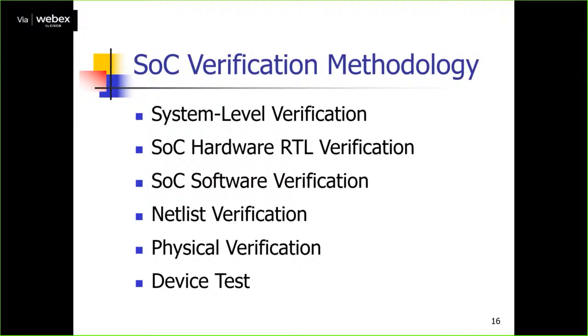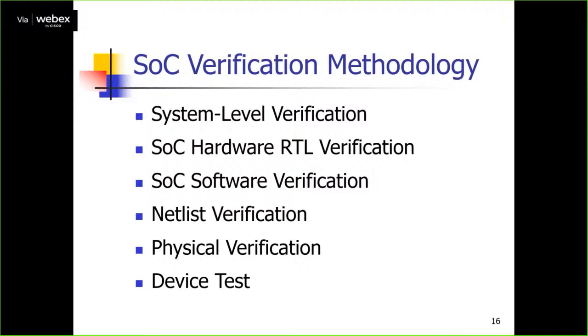In system level verification, you look at the whole system as one and it can be presented. In SOC hardware RTL verification, you look for the logic to be presented, how well it goes on creating the hardware, how well the logic speaks to your modeling style, etc.